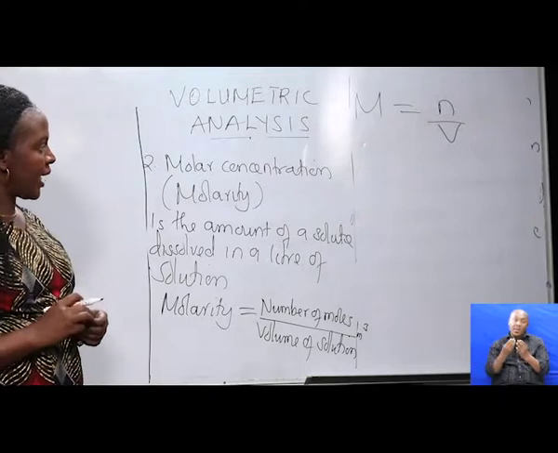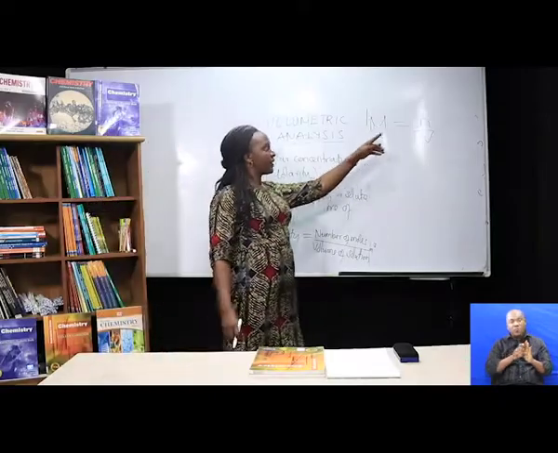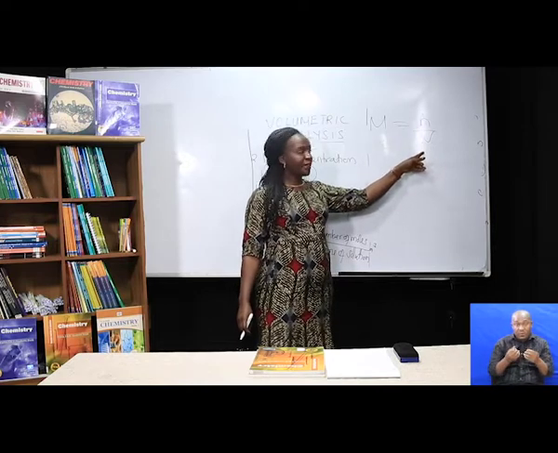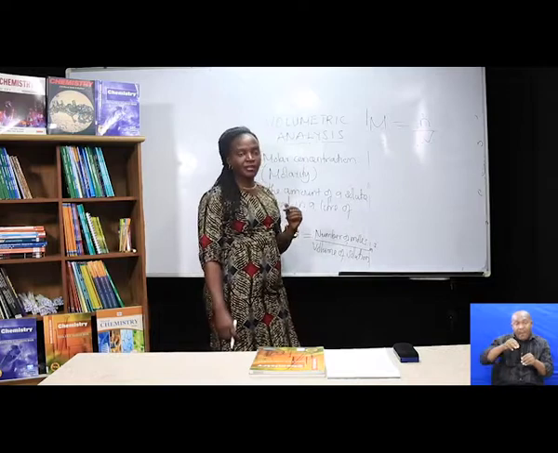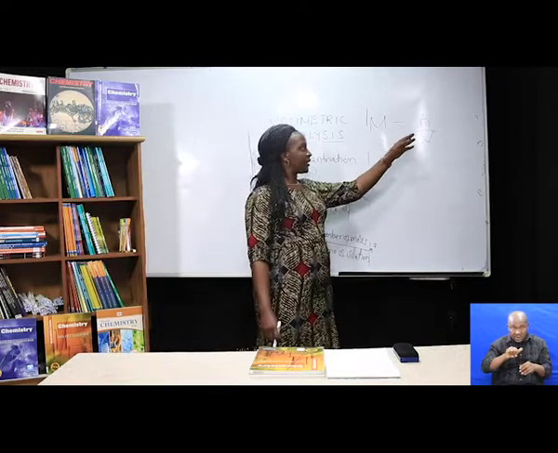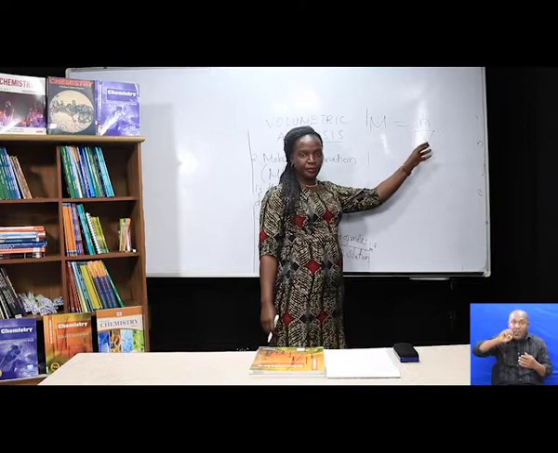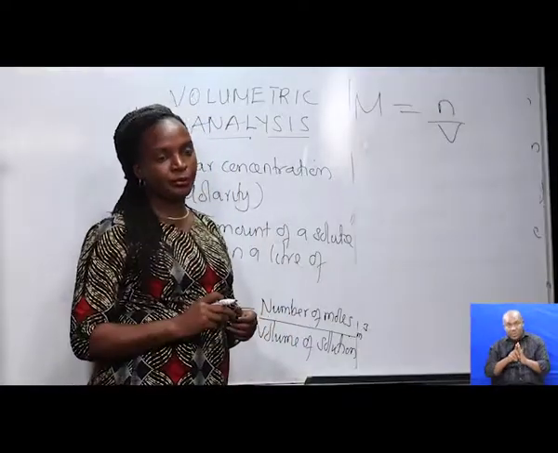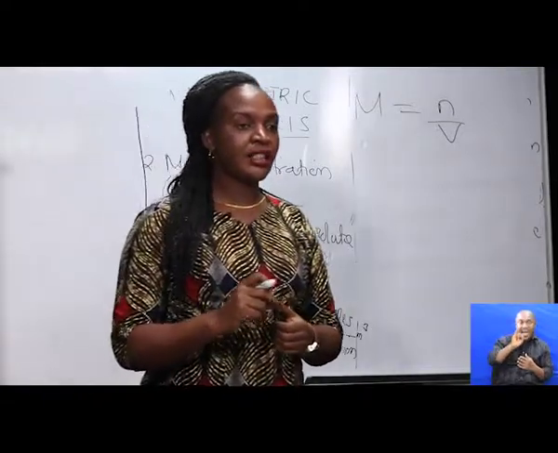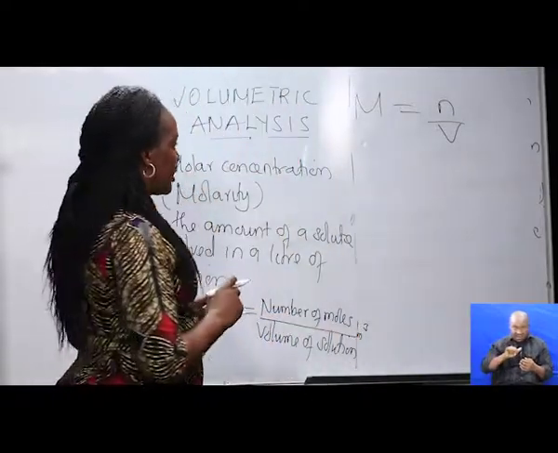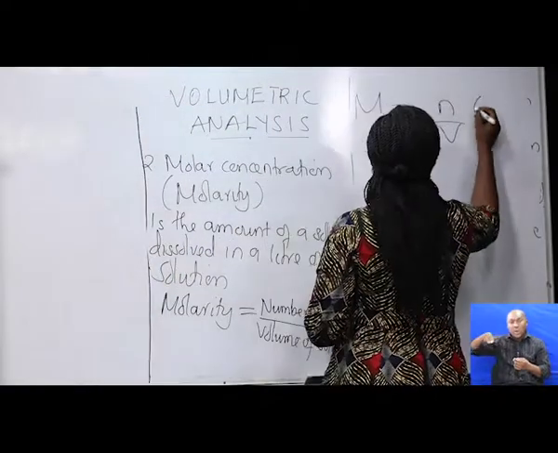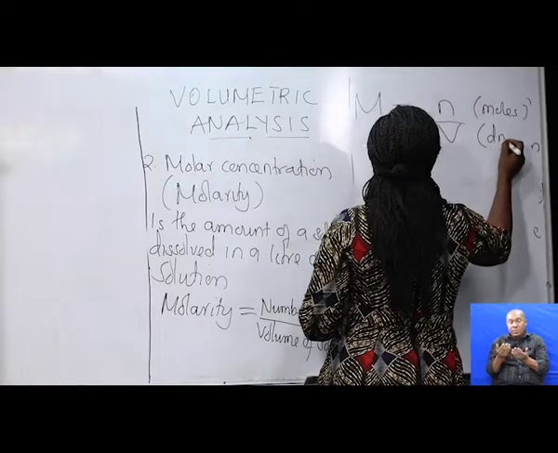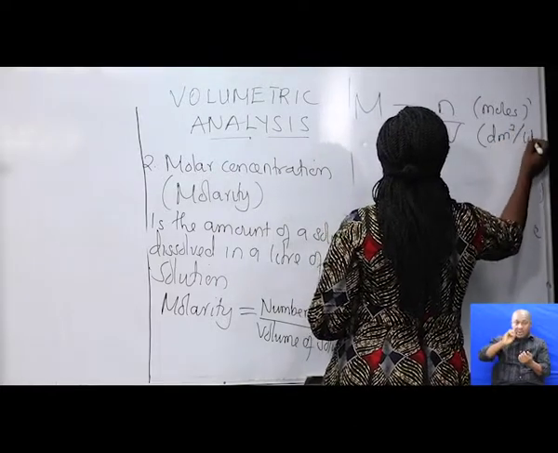So to calculate molarity, I must be given the number of moles of a solute and the volume of a solution. Therefore, what is the SI unit of the amount of a substance? It is moles. This one is measured in moles, and the volume is measured in decimeter cubic or liter.